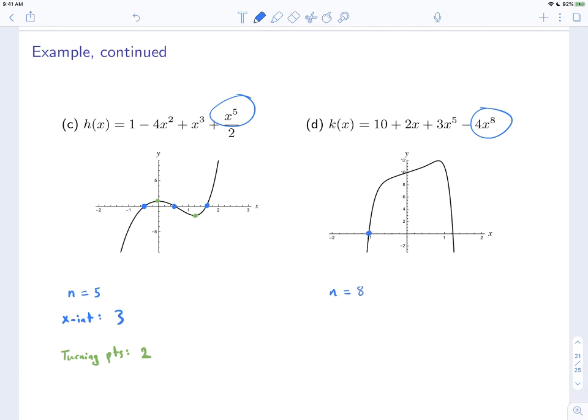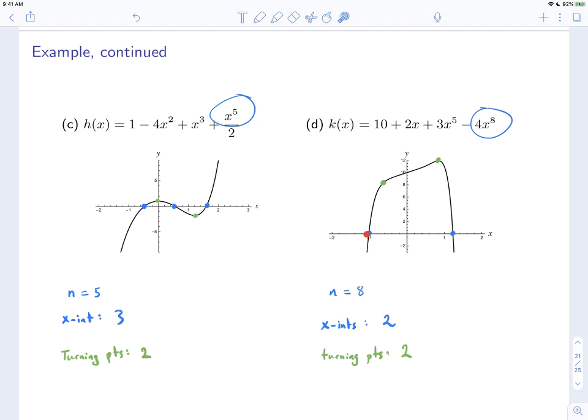Well, there are only 2. And what about the turning points? Well, there's 1 right there, and there's another one right there. So there are 2 of those as well.